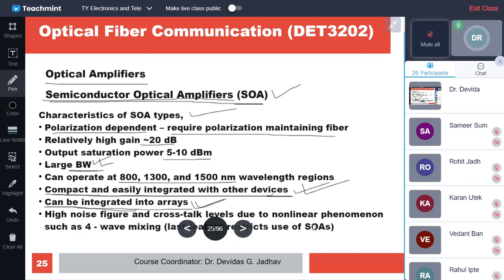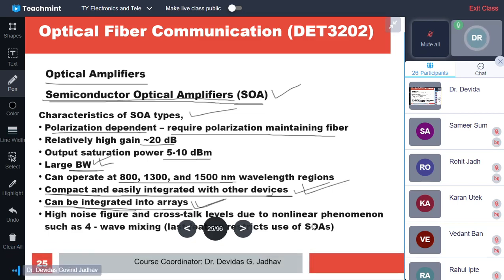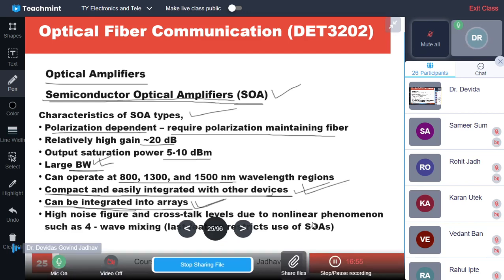Crosstalk will be there after two-wave or four-wave or multiple wave mixing. But for single mode it is very good. It has the high noise figure, no doubt, but it also has crosstalk levels. That's why this SOA is not used in four-wave mixing amplification applications. That is the only limitation that we must remember. So it is used in single mode type fibers.